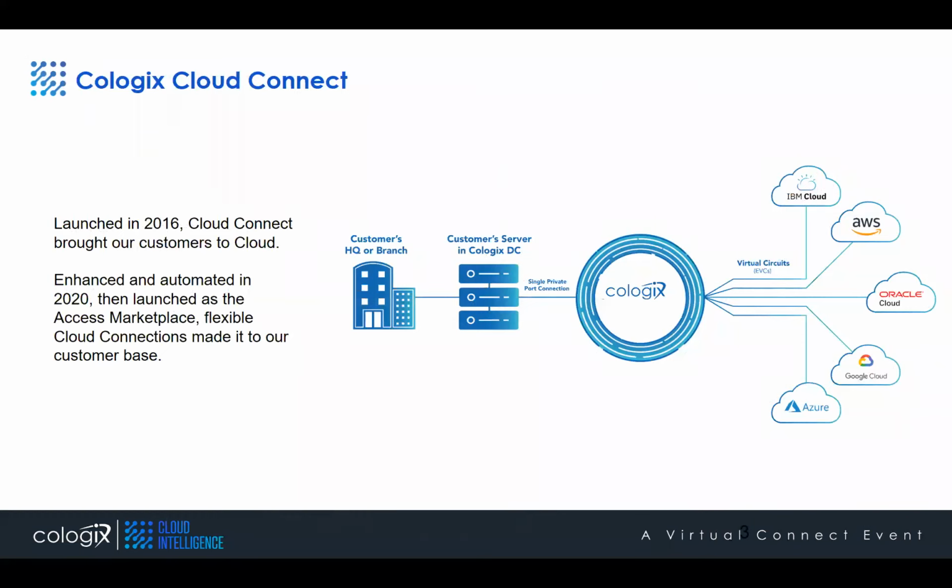One of the best ways to do that was to come into Ecologic's data center, be right next to an on-ramp for that cloud. So that's network equipment owned by Amazon or IBM or Oracle or Google, Azure, and so on. So you would come into our data center floor, you would put down your equipment there, you would then connect to our switches, which would help transport you to one of these clouds.